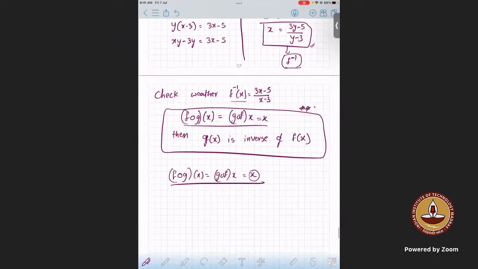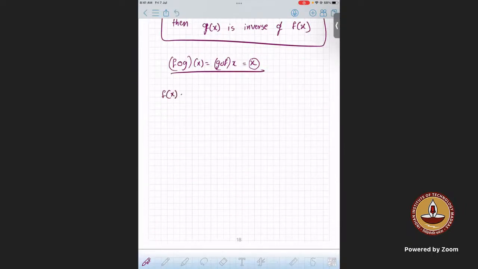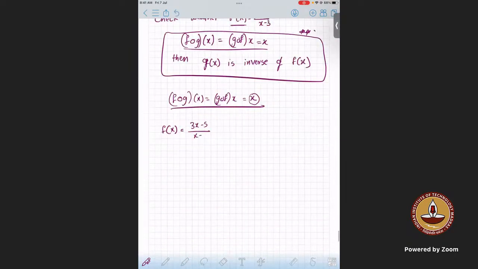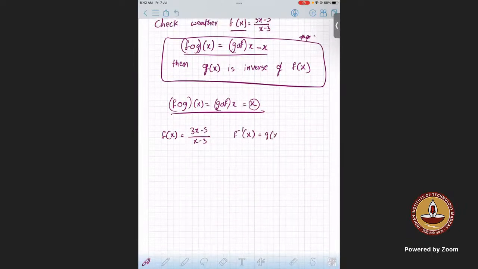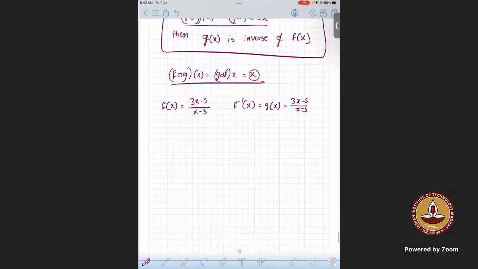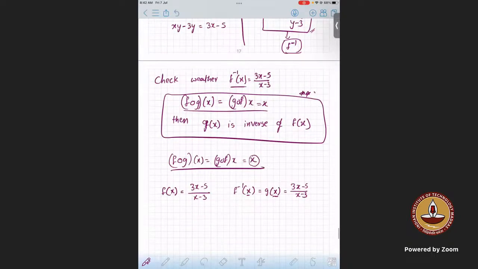Okay, this is the inverse function. Look, f of x is equal to 3x minus 5 divided by x minus 3. Coming to the other thing, f inverse of x, let it be g of x, is equal to 3x minus 5 divided by x minus 3. Here we put x now, that's why we are replacing y with x.